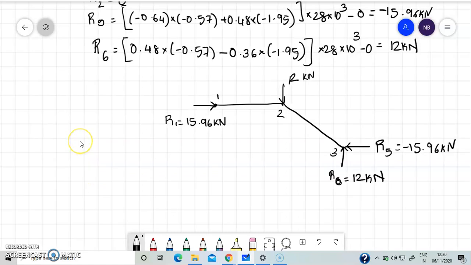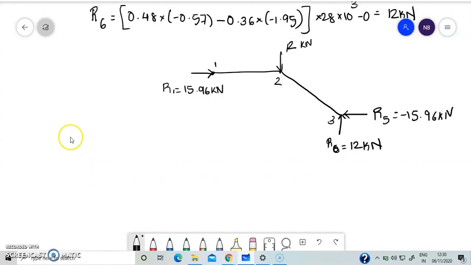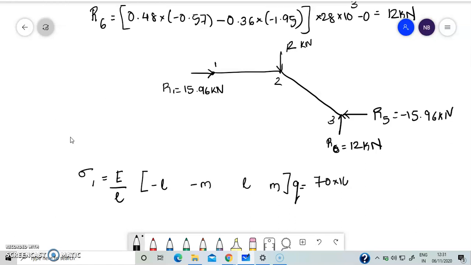Next, we are asked to find out the stresses, and the stresses are given by the formula. So here, substituting all these values.